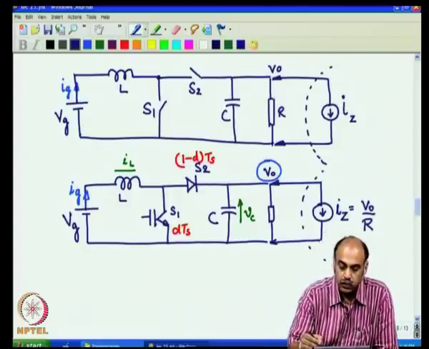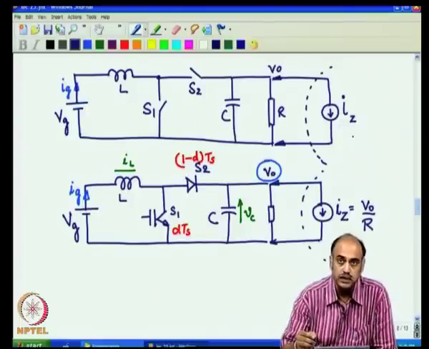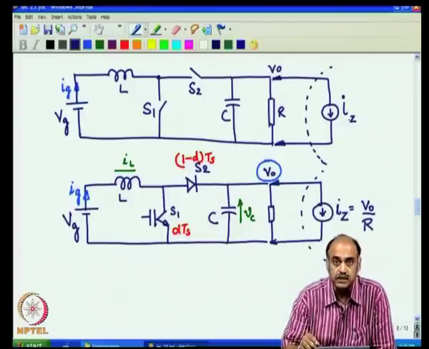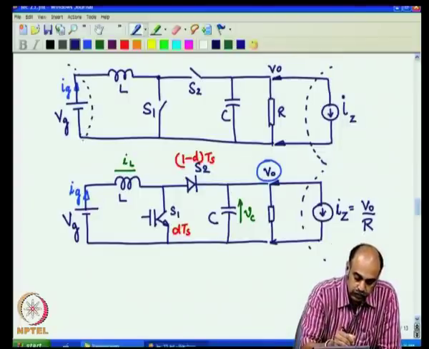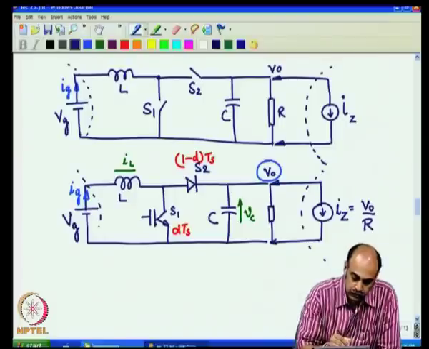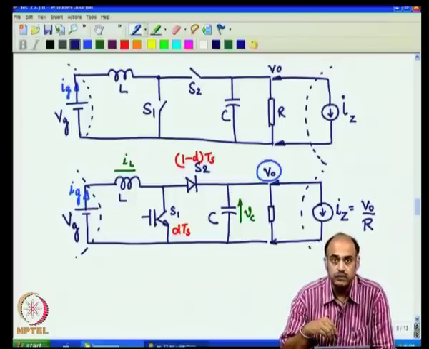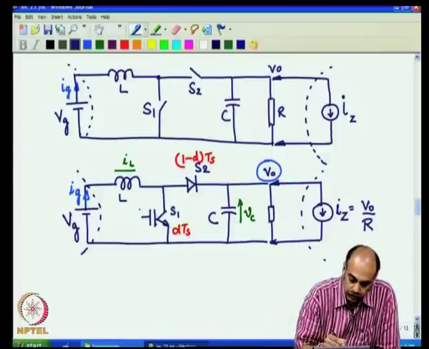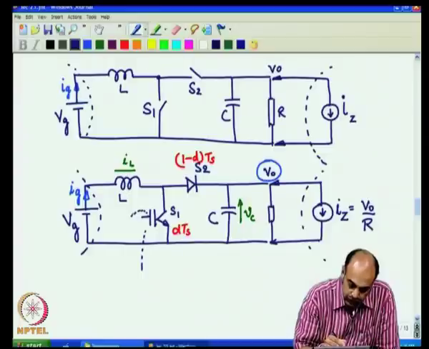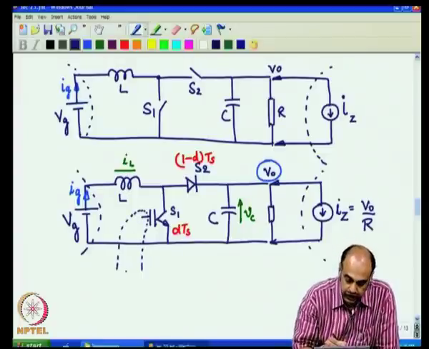The load is an external input to the system, and therefore, that can be considered as one of the inputs. The VG is an external input to the system, so that also can be considered as one of the inputs. And another input that you can consider is the control input here, the D.